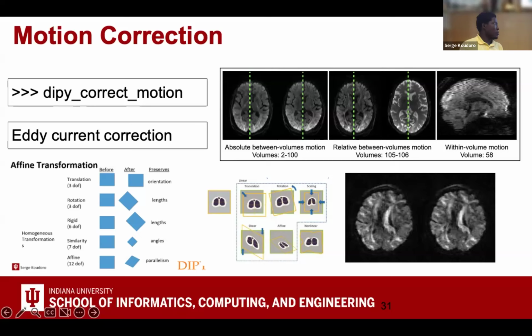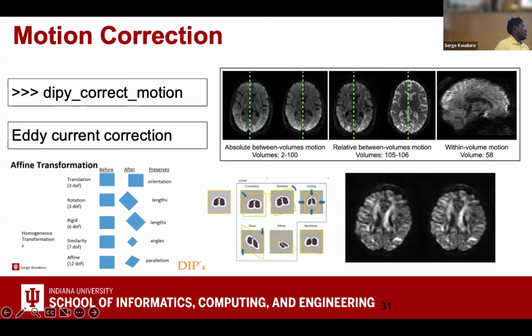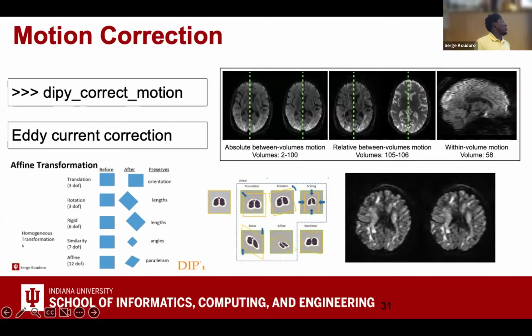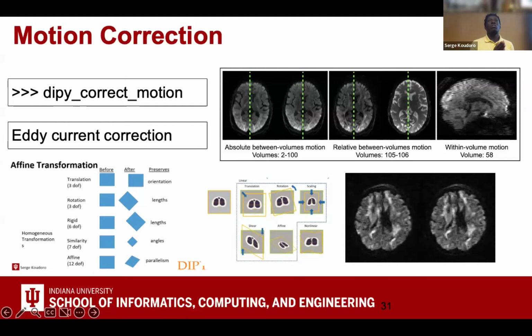To correct this is still quite easy, as you can see in this dynamic image. You have to correct two things when there is eddy current distortion. You need to correct first the movement. We already have an algorithm to do that, which is affine or symmetric registration.